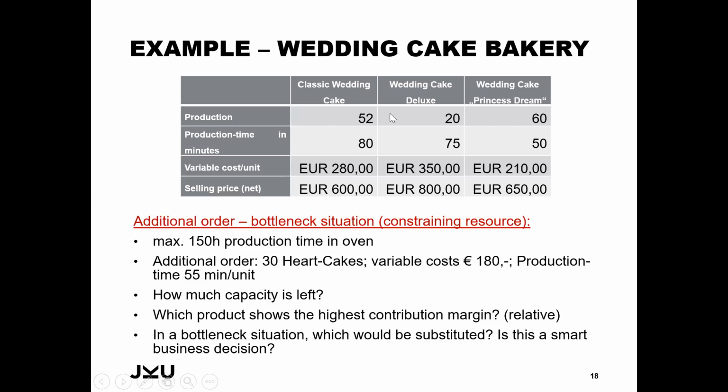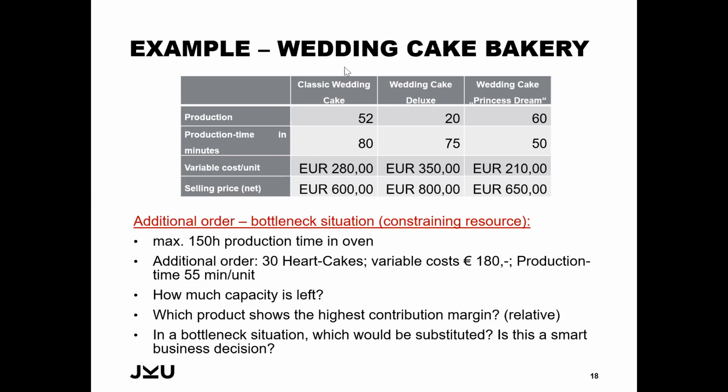So we need to reduce one of those cakes, which means we would need to calculate which one has the least contribution margin, and again, which one has the least contribution margin in relation to the production, to the oven time, in relation to the minutes of production. So always when we have a mixed product situation, we need to choose the optimal production program.